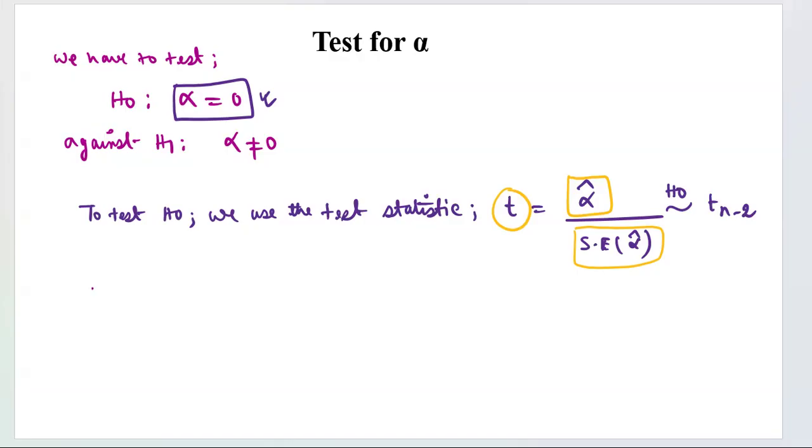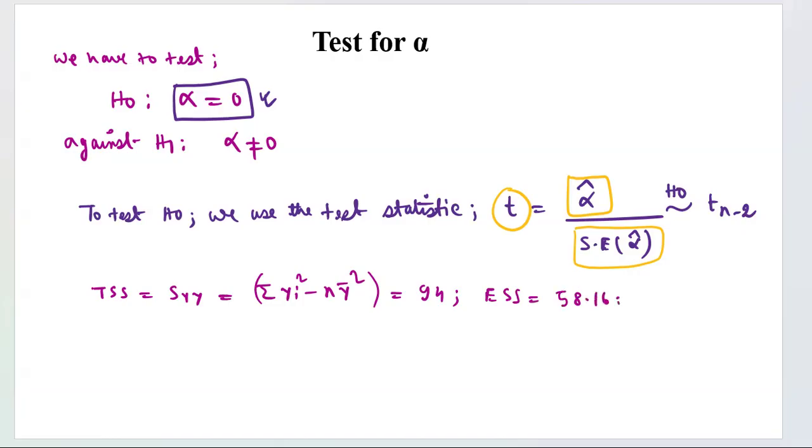Okay. So firstly, what is the total sum of squares? Total sum of squares is Syy, which is summation yi square minus n y bar square. This is the same thing we computed previously. If you look at the data, we have got this to be 94. What is ESS? ESS we found out was 58.16.